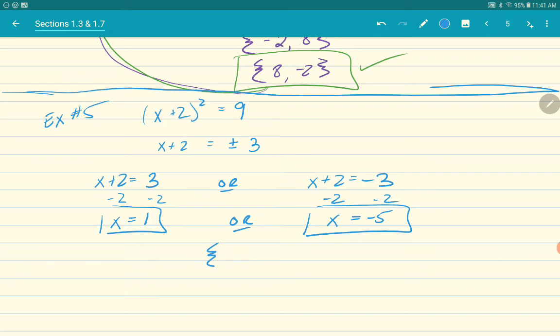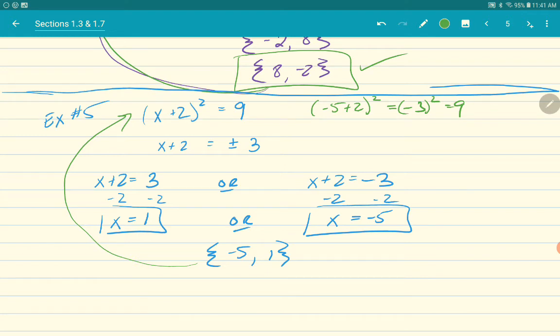And my solution set is negative 5 and 1. So theoretically, I should be able to plug both those answers into here and get true results. If I plug in the negative 5 for x, I get negative 5 plus 2 squared, which is negative 3 squared, which is 9.